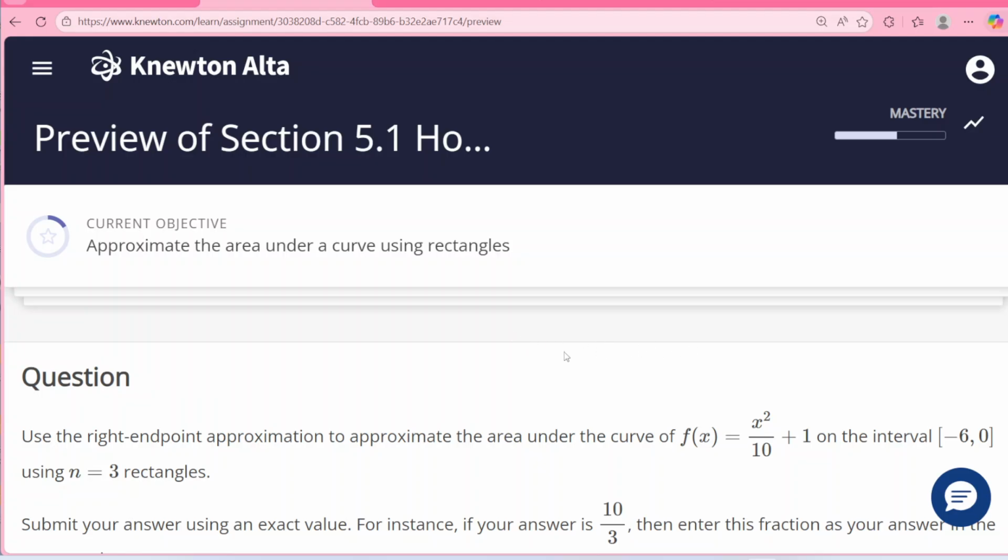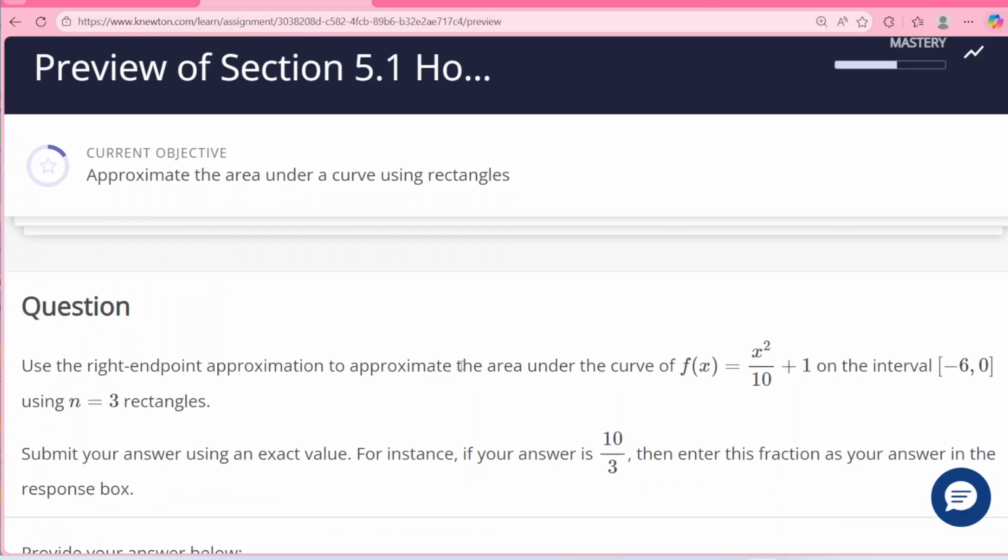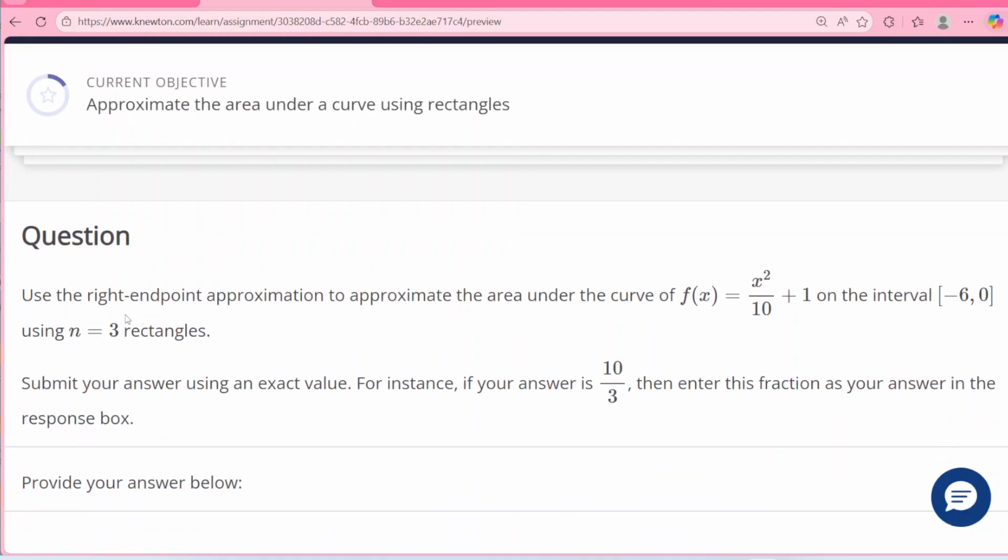Okay, so this time we're using a right endpoint approximation. So just plugging in the right ends of each piece. Now this time, you can figure these out without drawing them pretty easily. Right endpoints, left endpoints, midpoints.